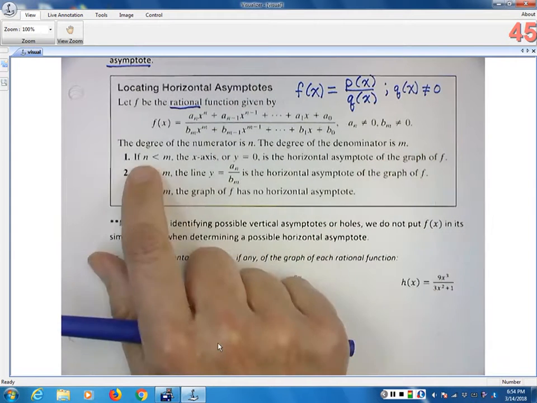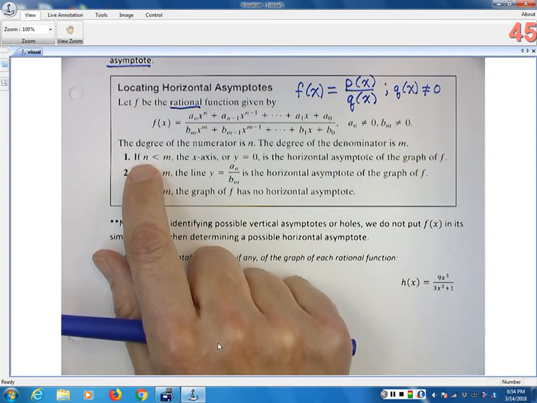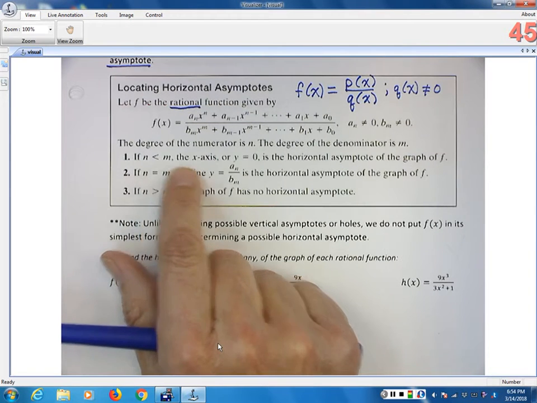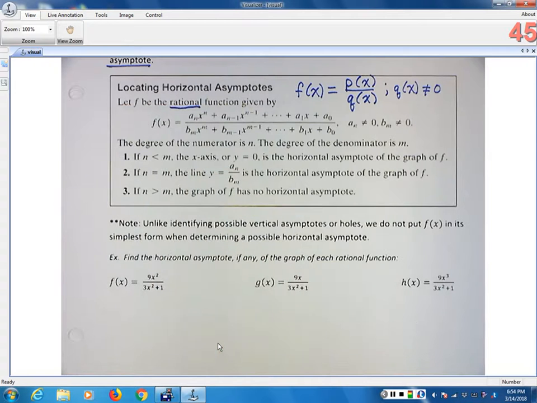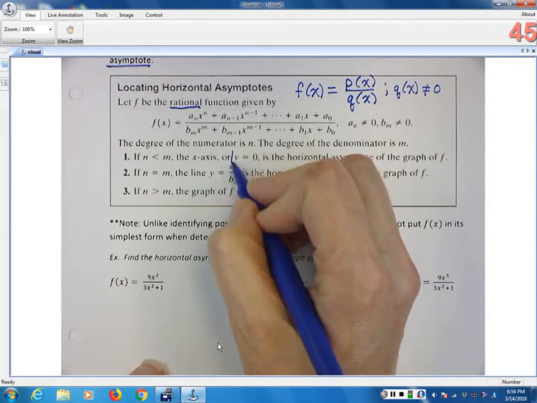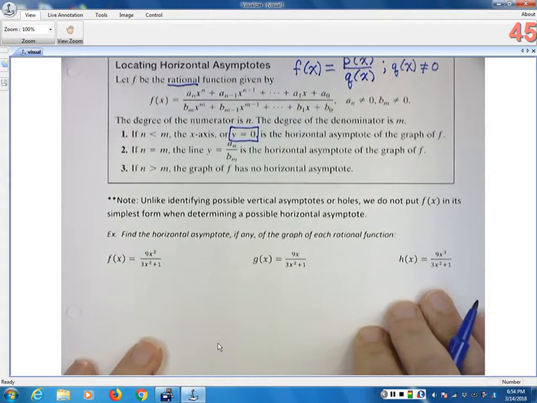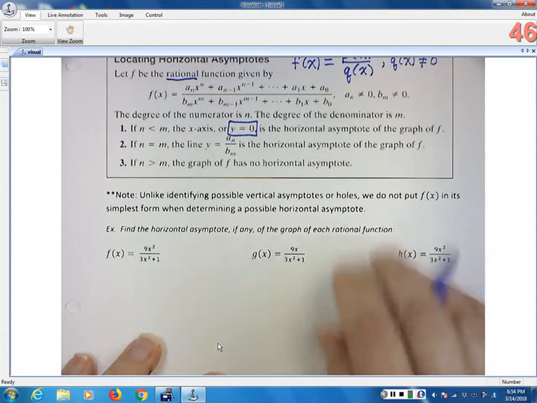If the degree of the numerator, n, is less than the degree of the denominator, m, then the x-axis, or you will want to write it in terms of its equation, y equals 0, is the horizontal asymptote of the graph.